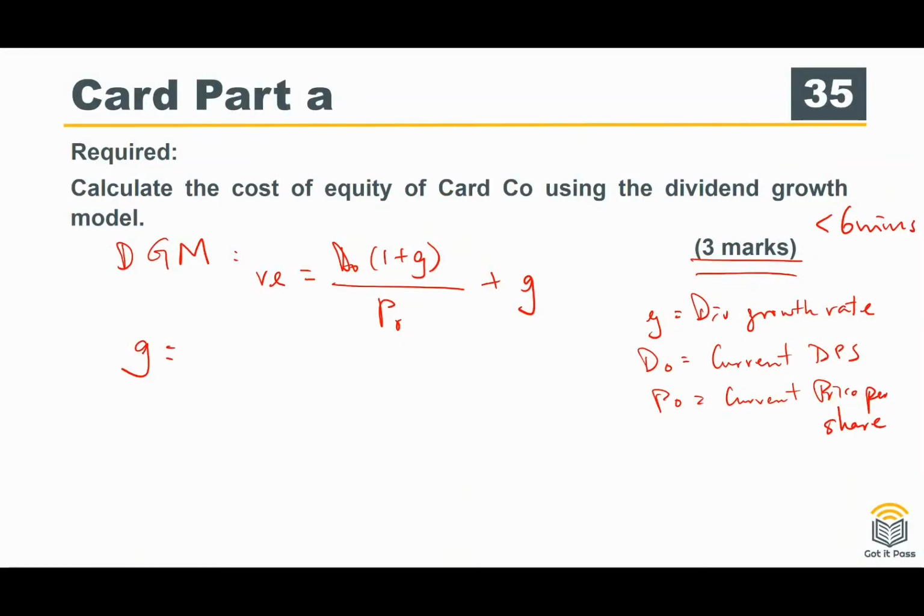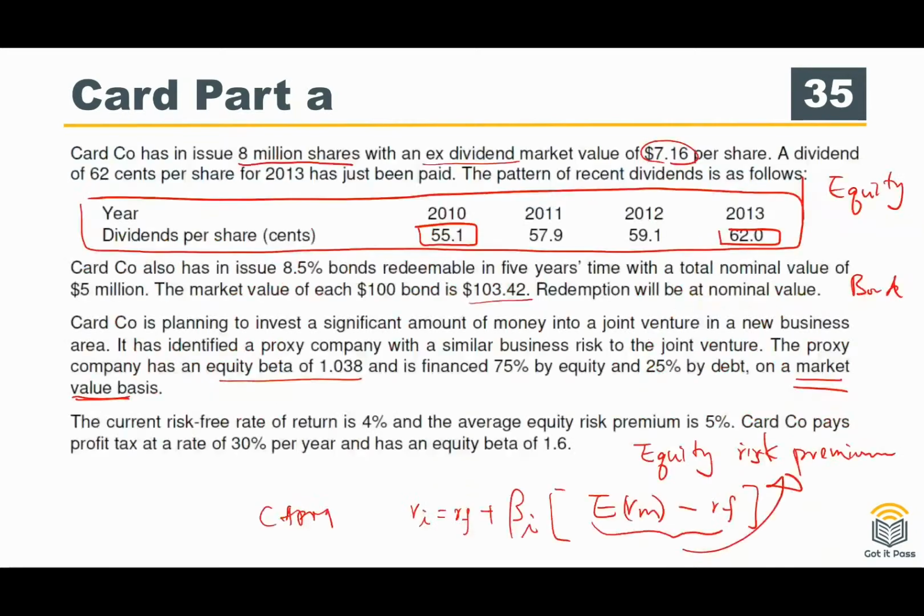So it should be 62 divided by 55.1. And how many years? Okay, let's check. It's 3 years, right?